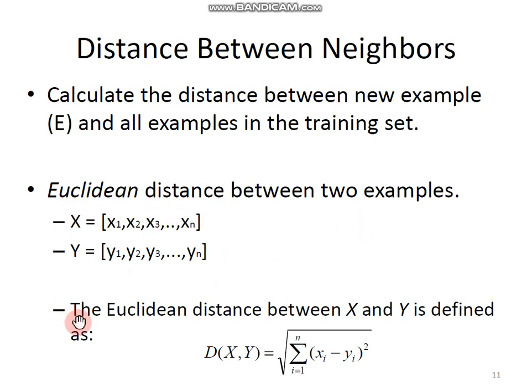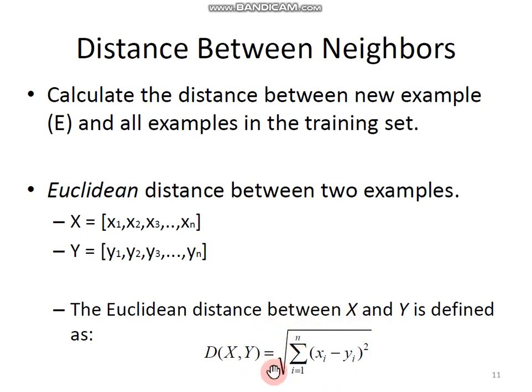Now in the case of Euclidean distance, it is computed by this formula. Take the difference between each attribute of x and y, square it, and then take the square root of their sum.